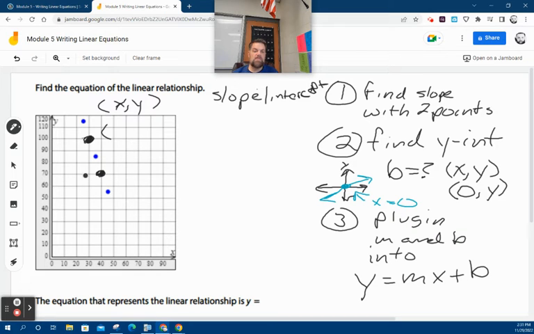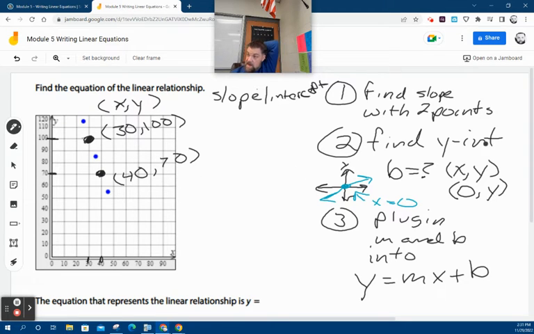To figure out what this point is, I look down here on the x-axis. The x value is 30. Over here, the y value is 100. So that point is 30, comma, 100. This one, the x value is 40, and the y value is 70, so this is 40, comma, 70.